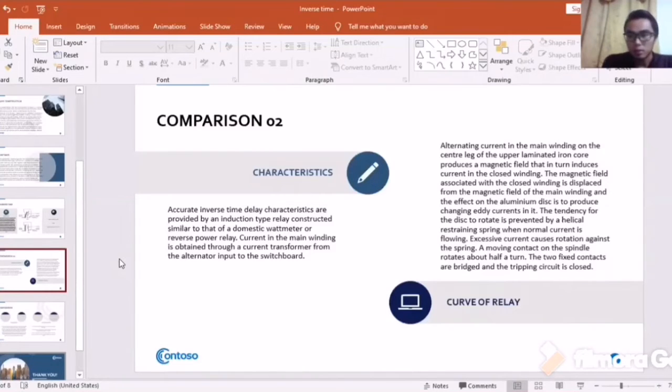The tendency for the disk to rotate is prevented by a helical restraining spring when normal current is flowing. Excess electric current causes rotation against the spring. A moving contact on the spindle rotates about half a turn. The two fixed contacts are bridged and the tripping circuit is closed.